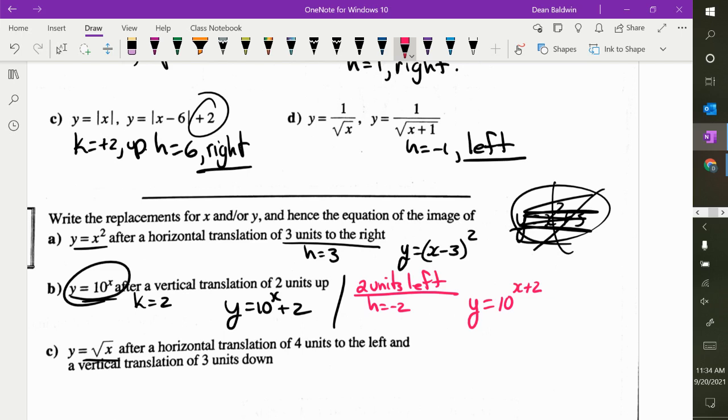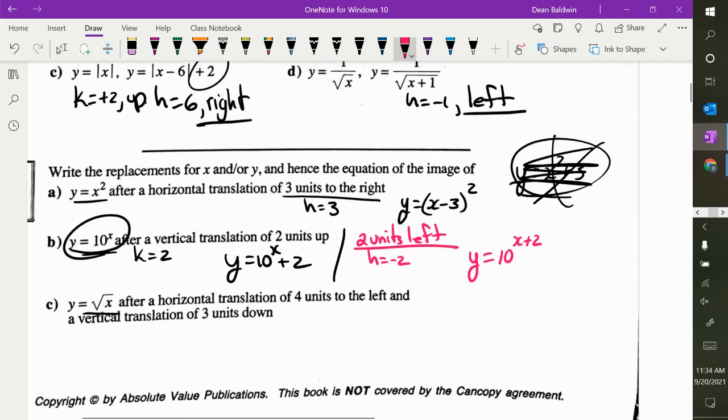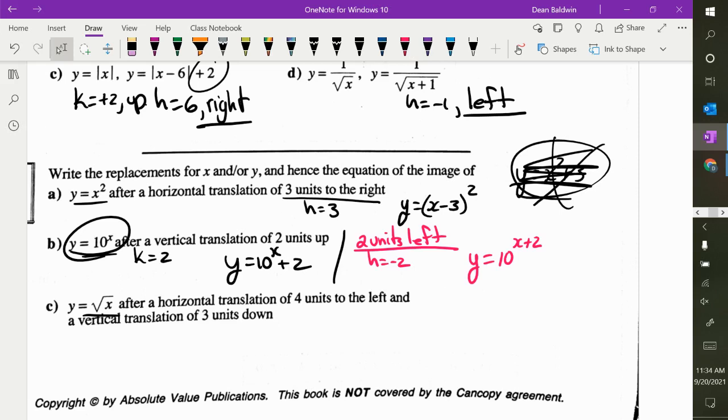All right. Root x. Root x, after we go 4 units left and 3 units down, what's my h? -4 because we went left. What's my k? Okay.